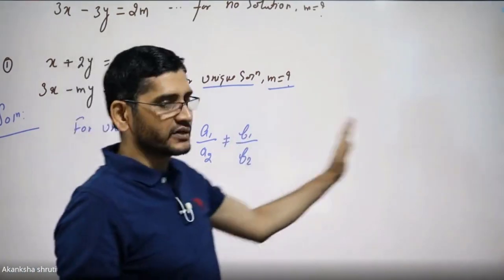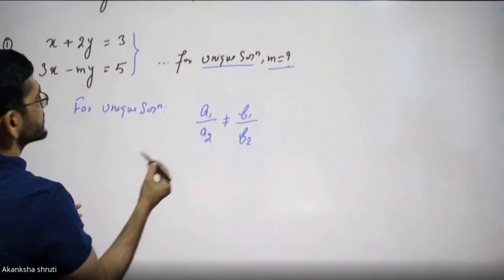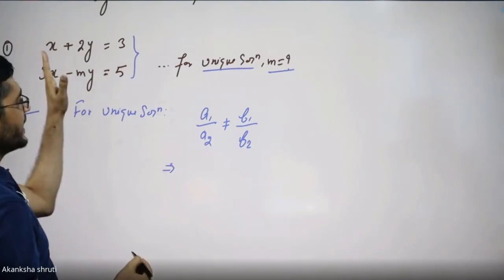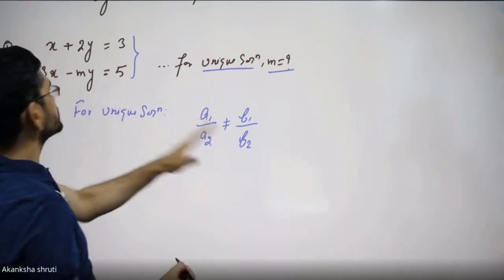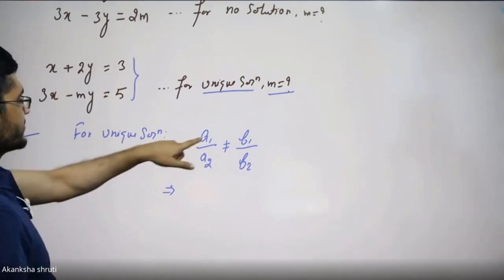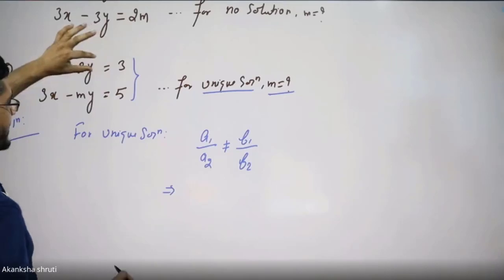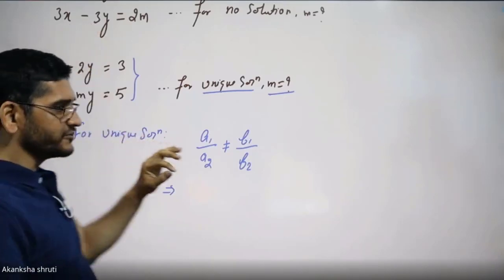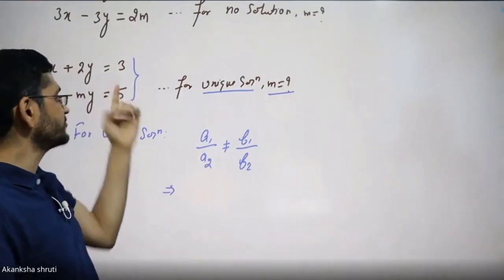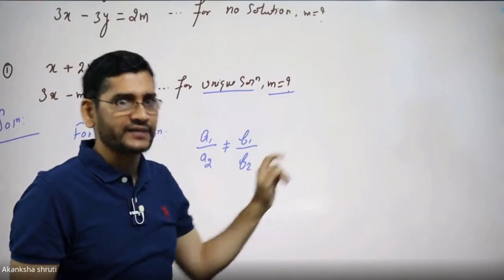Forget the other ratio, C1 by C2. This implies, substitute the values of A1, A2, B1, B2 here. Students, you need to first find the value of A1. What is A1? Directly you may observe and write from here. Or initially, if you are facing some problem, then first you write in standard form and calculate the values of A1, A2, B1, B2 as I had explained earlier.